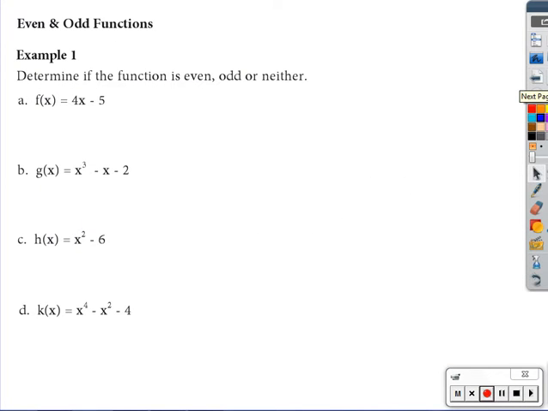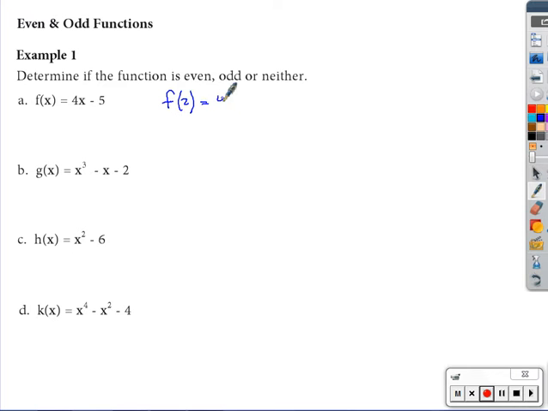Now, how do we determine if a function is even, odd, or neither? Basically what that means is an even function, any x value would equal any negative x value. The easiest way to test this would be to plug in a positive and negative of the same number. So let's just say I tested f of 2, and that should equal f of negative 2.